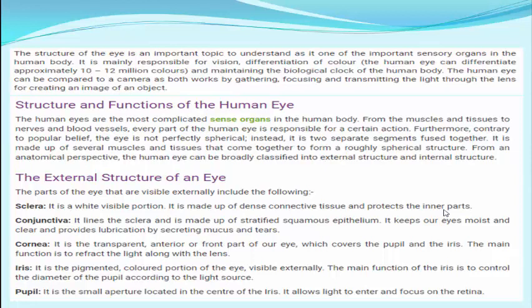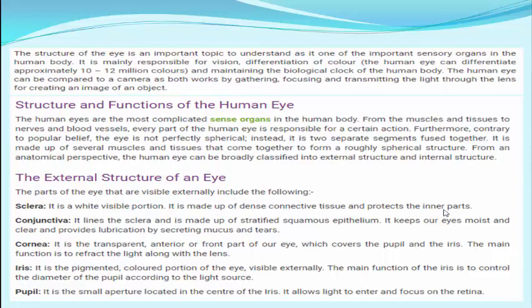The third one is your cornea. It is the transparent anterior or front part of our eye, which covers the pupil and the iris. The main function is to refract the light along with the lens.